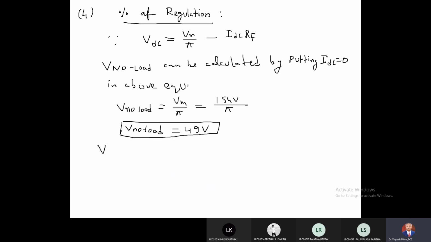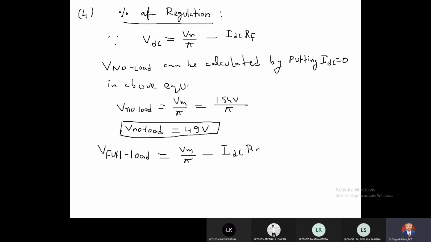Now we will see voltage at full load. This will be equal to Vm by pi minus IDC RF.